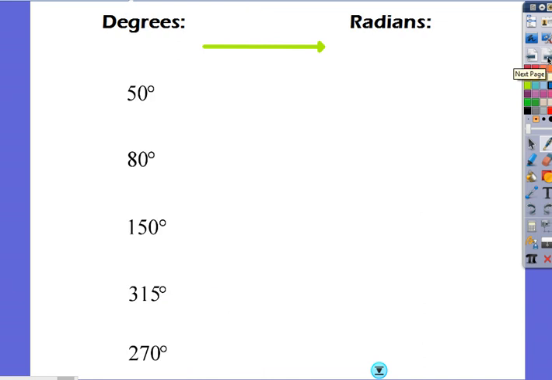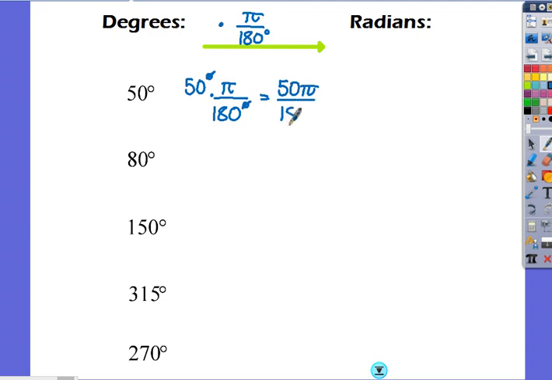You can do this backwards to go from degrees to radians. You're going to have a conversion factor of pi over 180. I probably should have put the degrees on there because it kind of makes sense. We want to cancel out the degree units with some degree units on the bottom, leaving ourselves with radian units. So we've got 50 pi over 180.